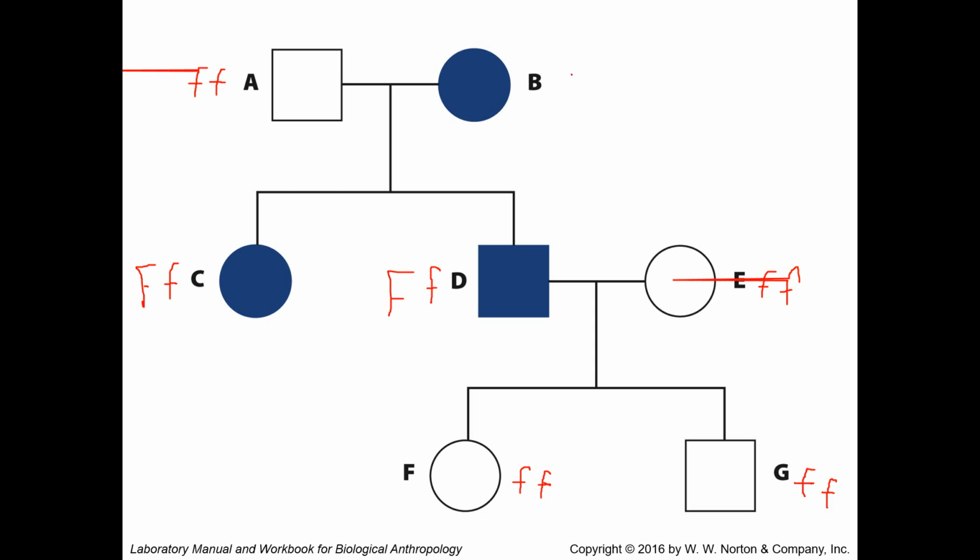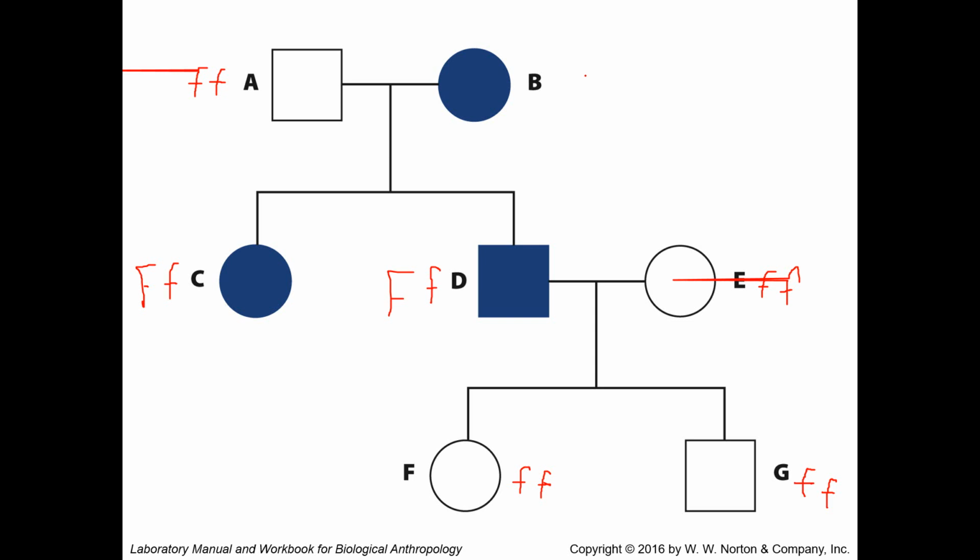Their mother is a little more complicated. We only know, based off of her children and the fact that she is shaded in, that she expresses a dominant trait. We don't know whether she is heterozygous or homozygous dominant.